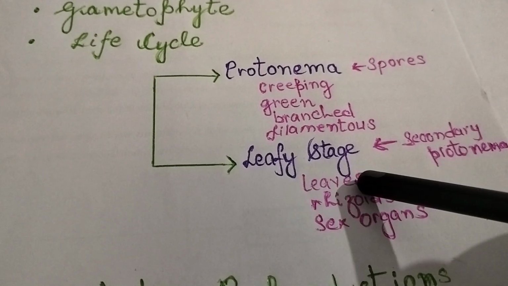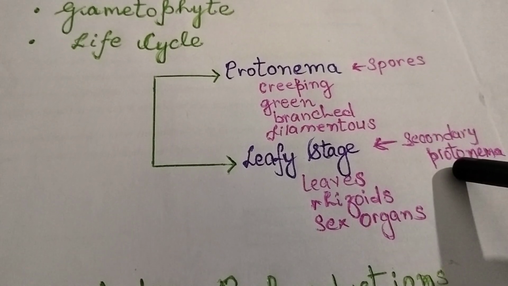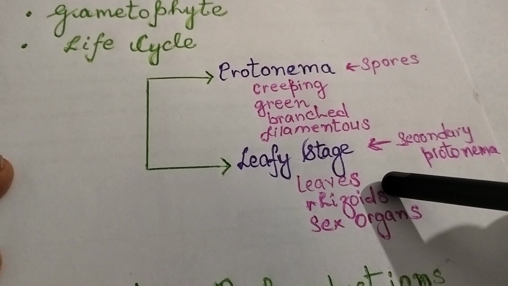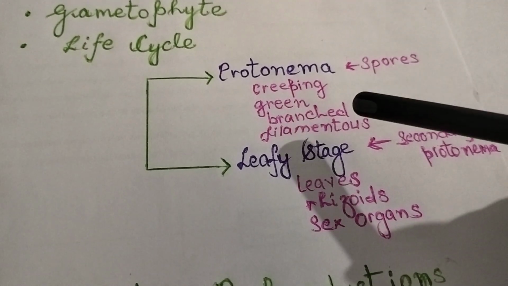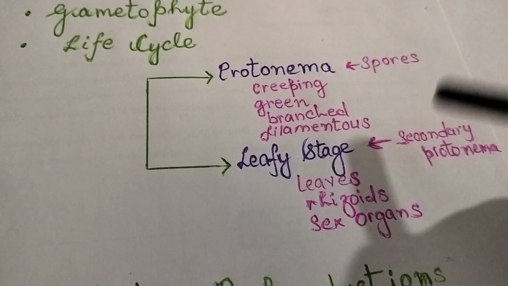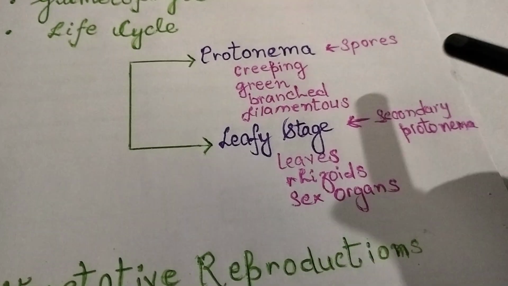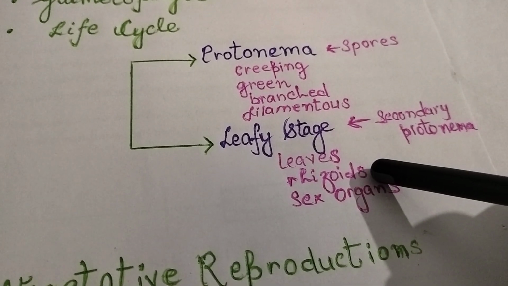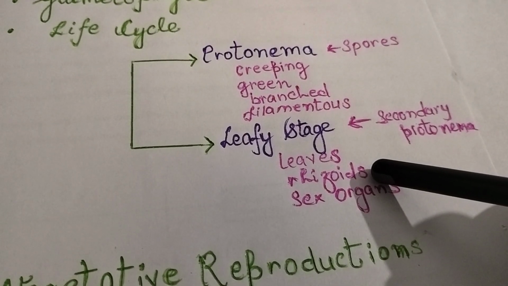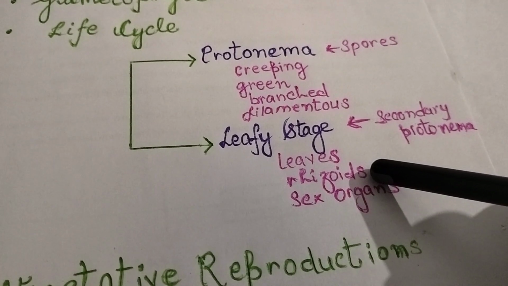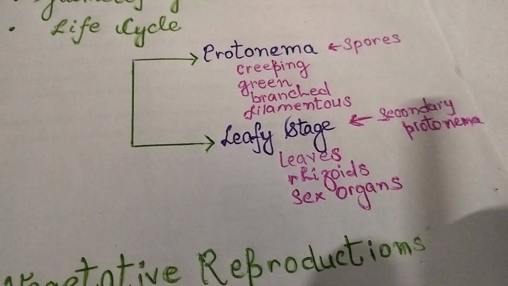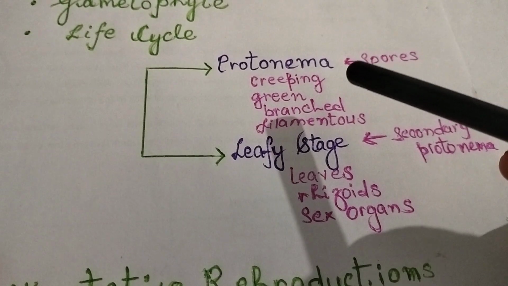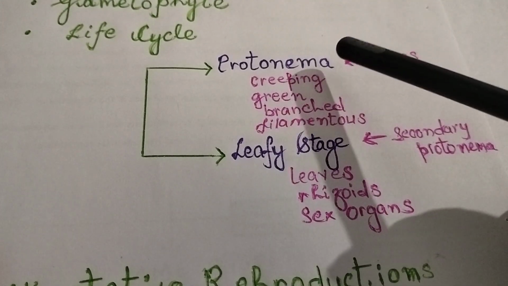This leafy stage consists of an upright, that means straight, slender axis bearing spirally arranged leaves and is attached to the soil with the help of rhizoids. And this leafy stage bears sex organs.